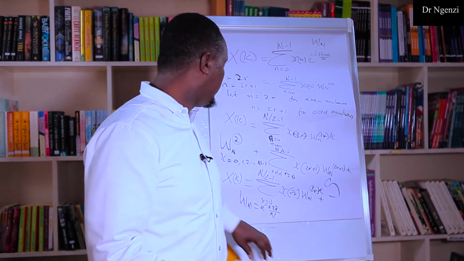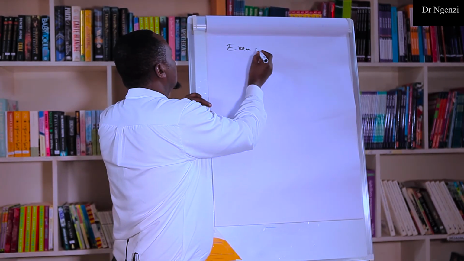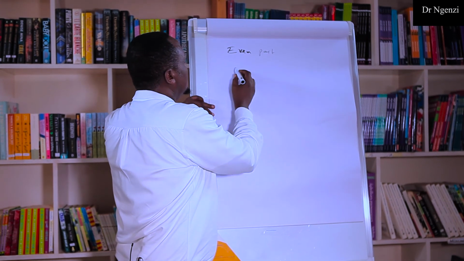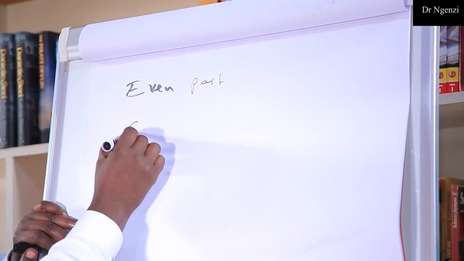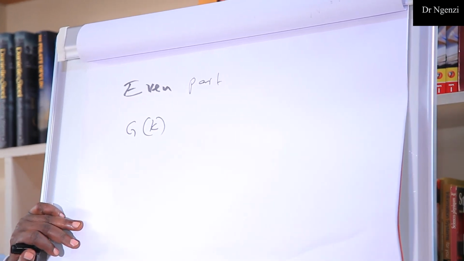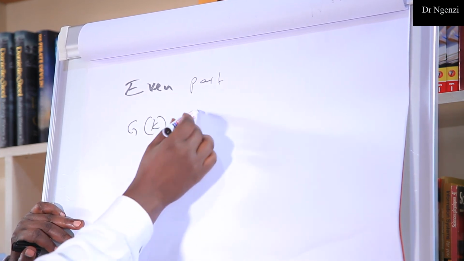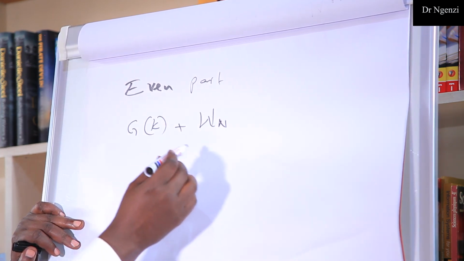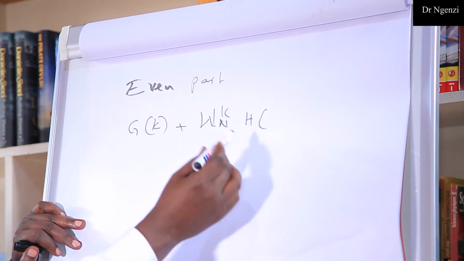So finally, the even part is going to be one function on itself, which is g of k, then plus another portion comprising W_N to the power k for another function of k.